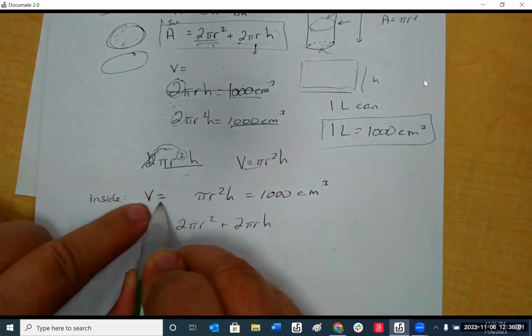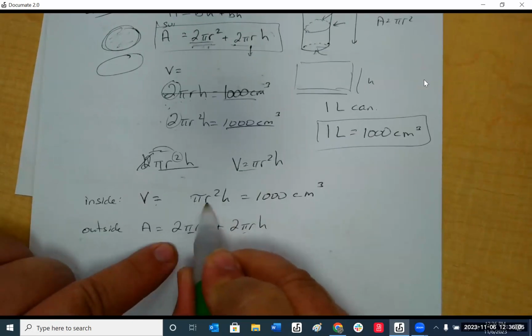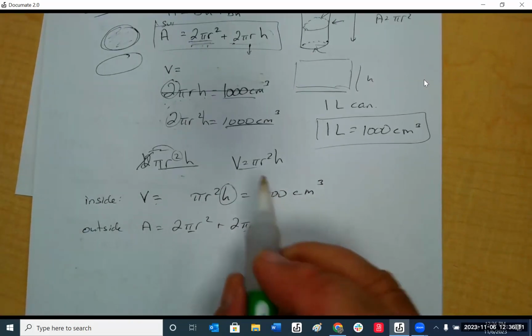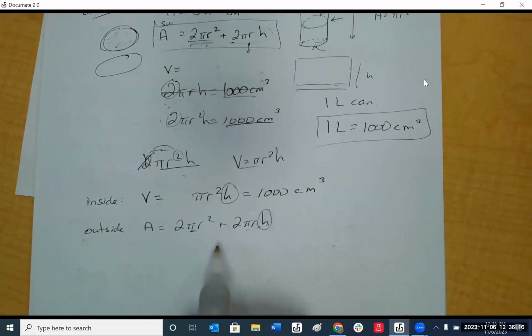So yeah, we have the volume. These have pi r. We just don't have h. It's a system of equations, right? And the only thing we can't define in this one is the h, because they both have pi r's.